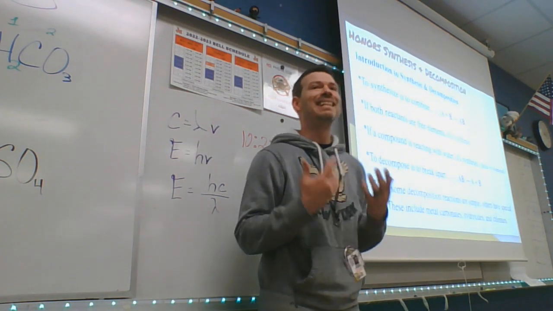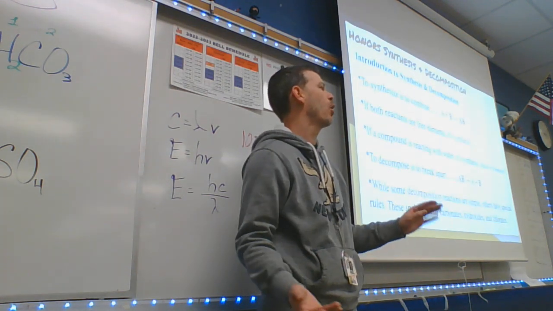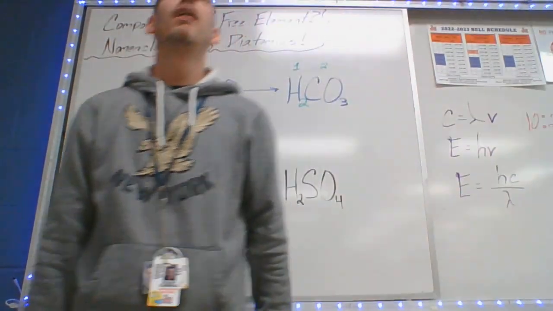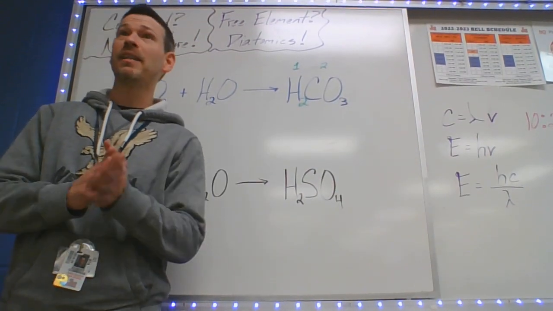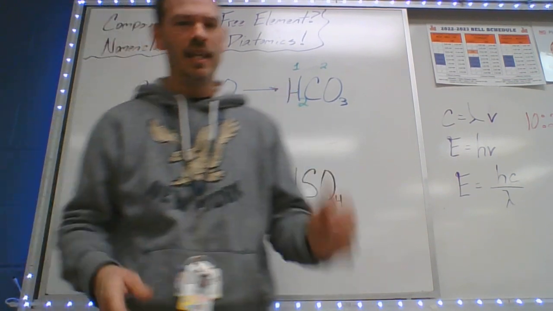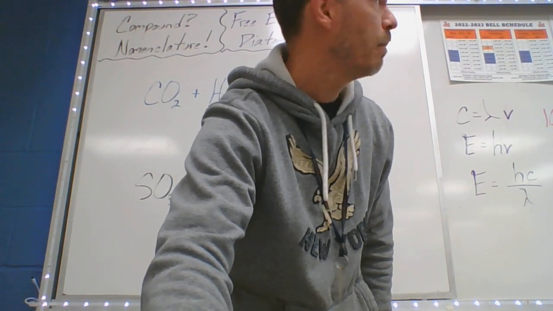In other words, decomposition is just the opposite of synthesis, right? Breaking apart instead of building. Just like synthesis, these can be very simple, which we'll start with, or fun little twists. So let's see if we can break apart compounds instead of build them.